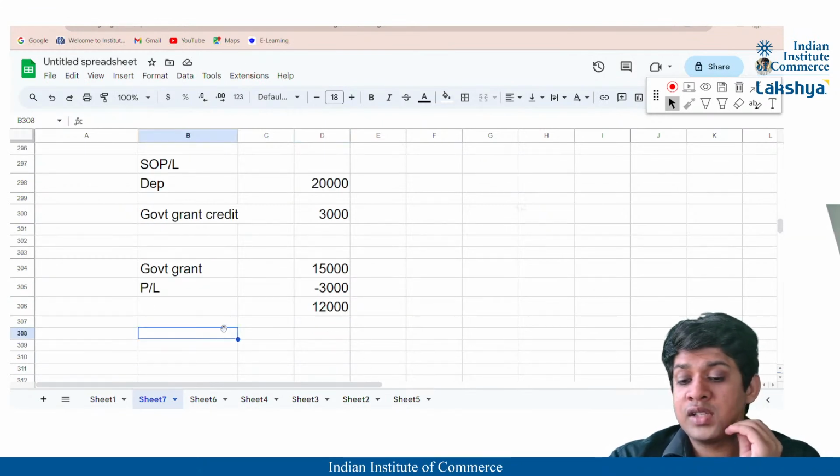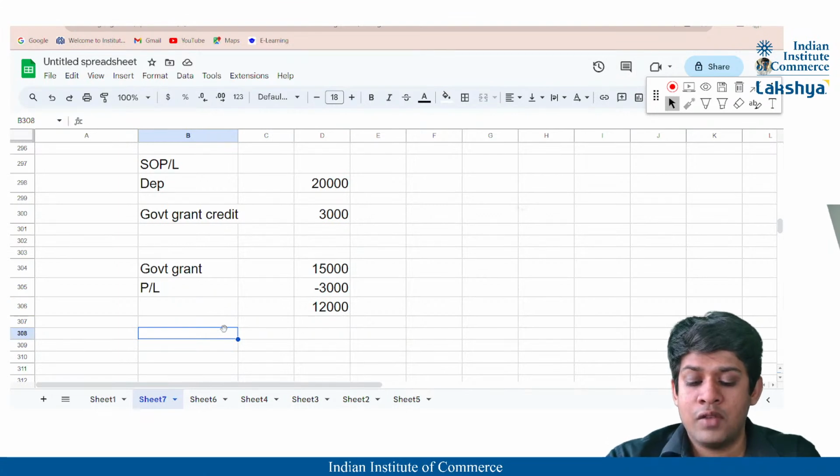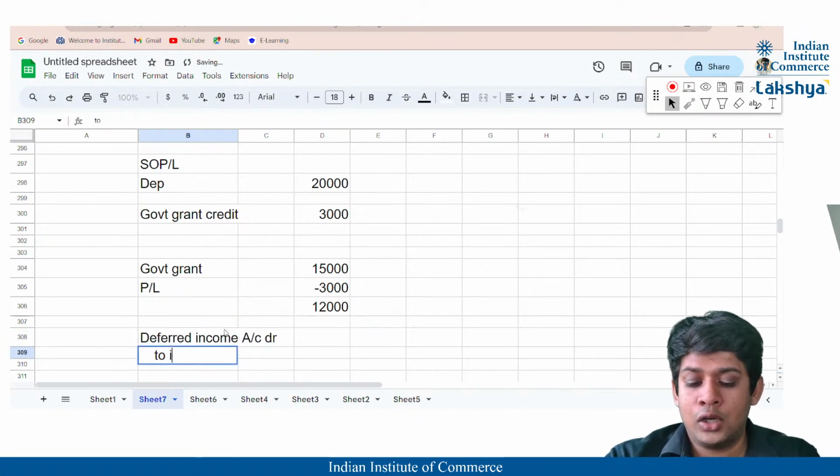So the journal entry at the first year end for taking it to P&L will be deferred income debit, and I will state it as a government grant credit in P&L, right? Or I can just say government grant rather.